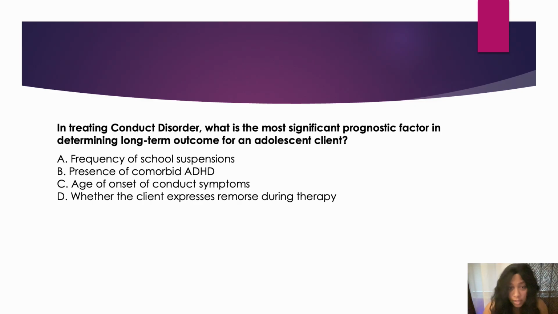You can read between the lines all you want to, but make sure that you at least match that answer with something similar to what the question is discussing. Frequency of school suspensions doesn't have anything to do with the long-term outcome because you're not going to be in school all of your life getting suspended. That's not going to happen. They want long-term, something that's going to happen in the future.